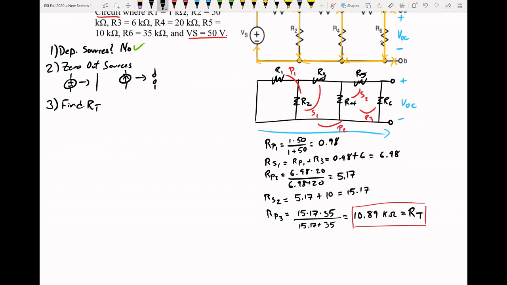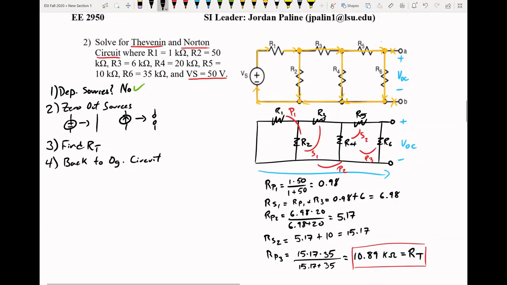If we go back to the original circuit, we see here that the terminals A and B are in parallel with that branch there.